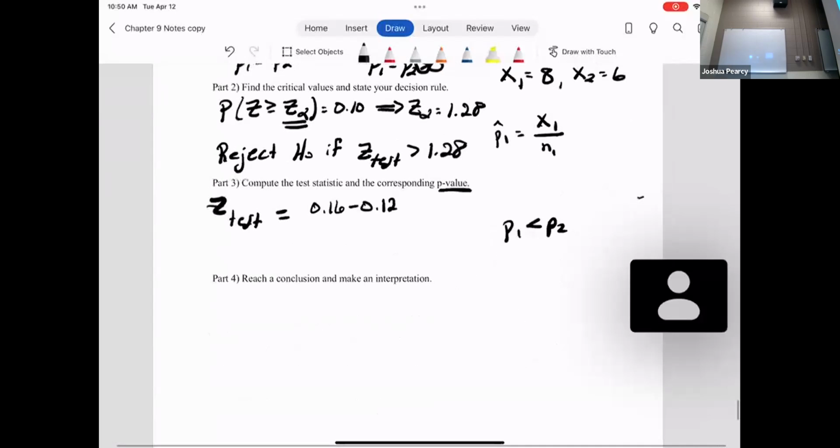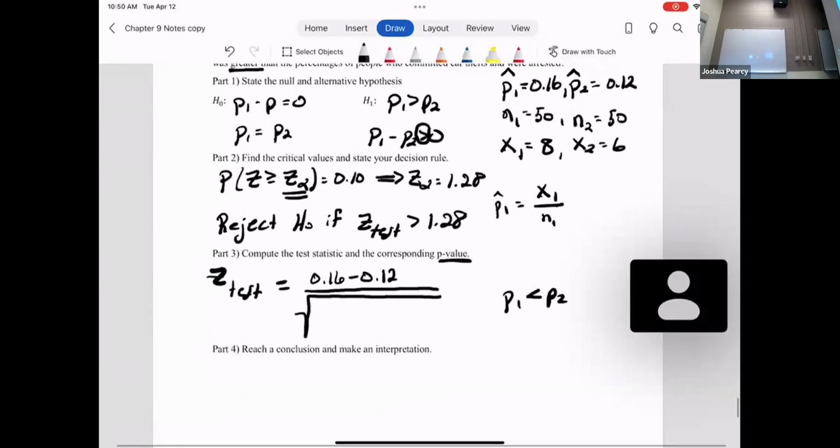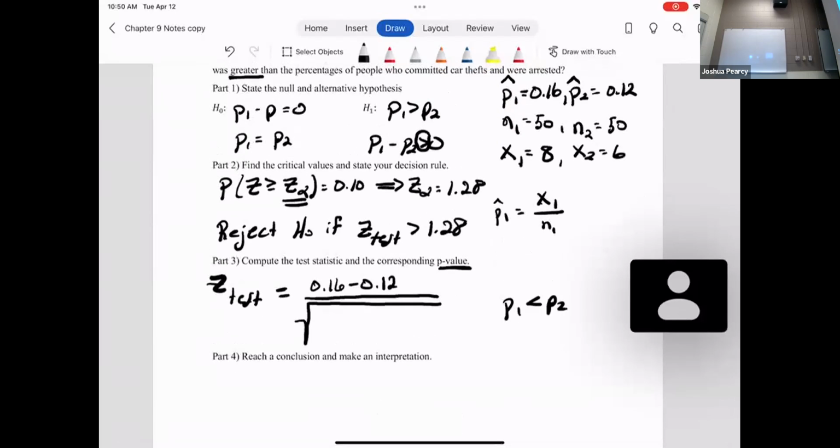Then divide that by the corresponding standard deviation. Now in the denominator, you needed what? Yeah, p bar. So what would you do? X1 plus x2 is what? 8 plus 6 is 14, and then divided by 50 plus 50, 100. So it's 14 over 100, or 0.14.